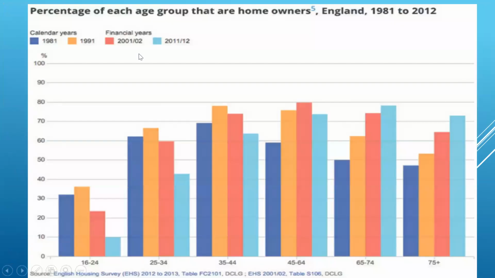Now, if you look at this chart, it is the percentage of each age group that are homeowners in England. This is between 1981 and 2012. What leads a user to analyze this chart, to look at this diagram? This chart, of course, with the numbers, with the information that it is presenting, should be trustful, which means the data or the numbers being presented should be true.